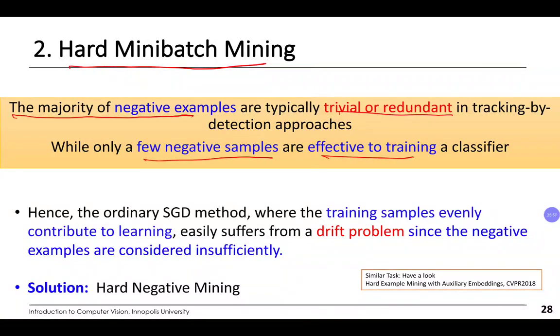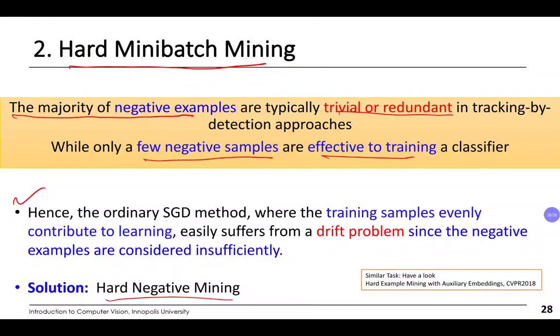So now a very natural question comes to our mind: what kind of negative examples are trivial and redundant, and how can we distinguish which negative training examples are effective for the training? So here let me explain this point, and then I will go towards hard mini batch mining.